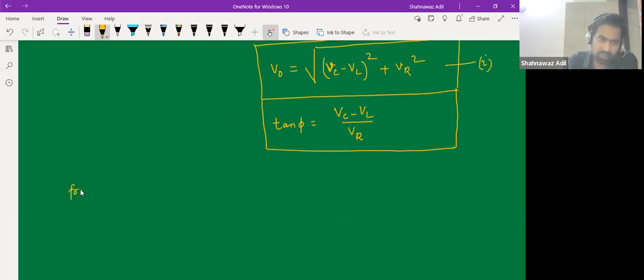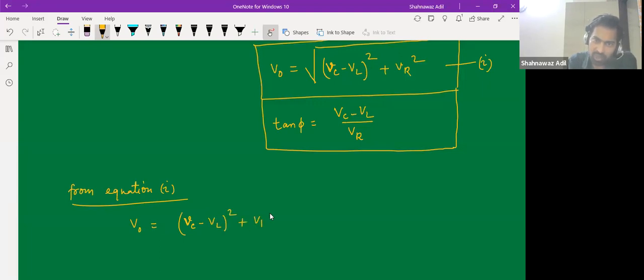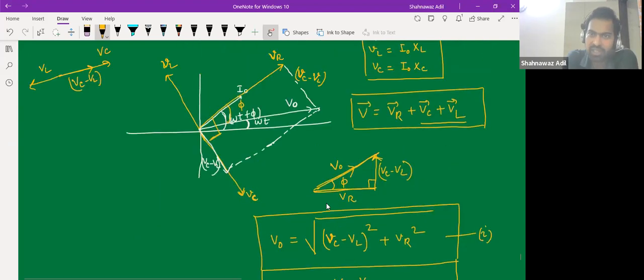From equation first, E naught is root of VC minus VL whole square plus VR square, and what is the value of VC?